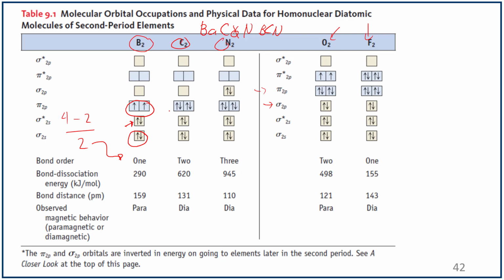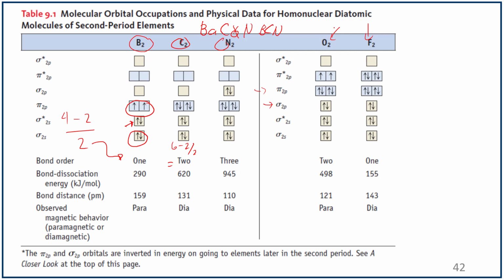The same thing applies for carbon, except that now you have more bonding electrons: 6 minus 2 divided by 2 is equal to 2. So notice that diboron is paramagnetic, while dicarbon and dinitrogen are diamagnetic. Oxygen is paramagnetic.